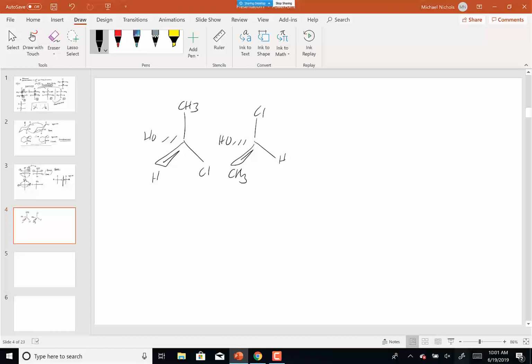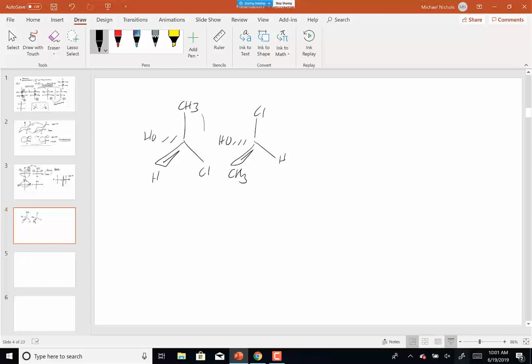If you're going to switch one into the other, the tetrahedron has to be in exactly the same orientation. So it would take two switches, right, to go from left to right, or right to left. The way I did it in my head is I looked at this and said, oh, the OH is in the same position.